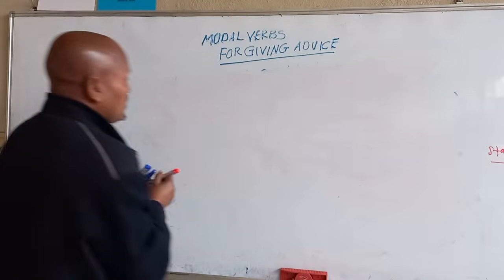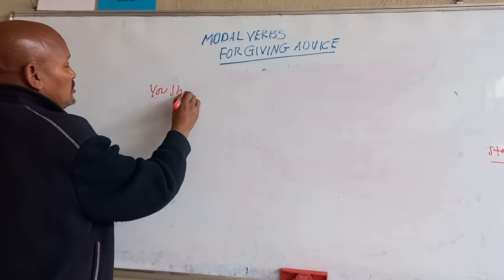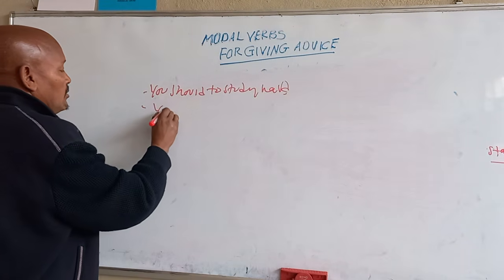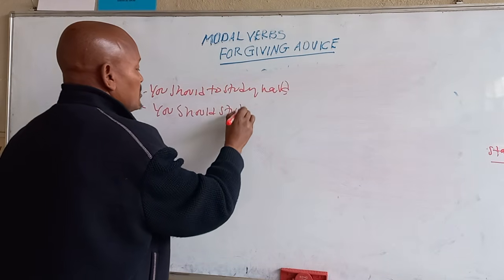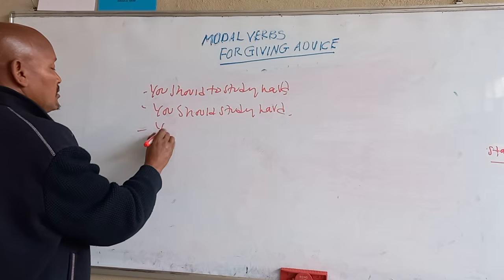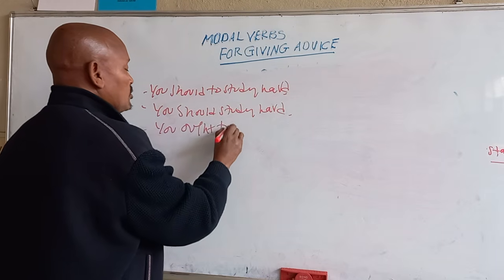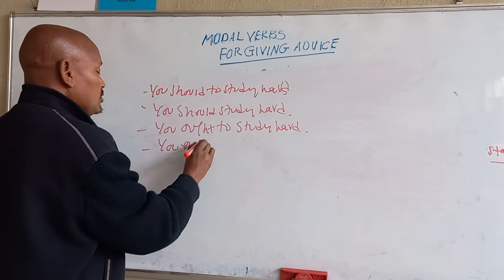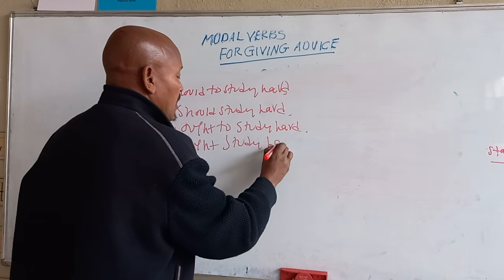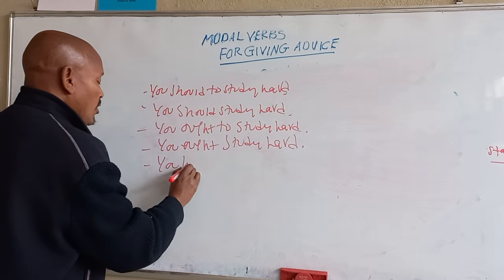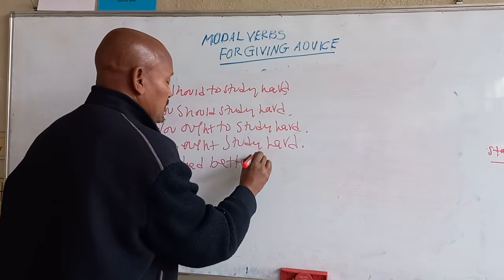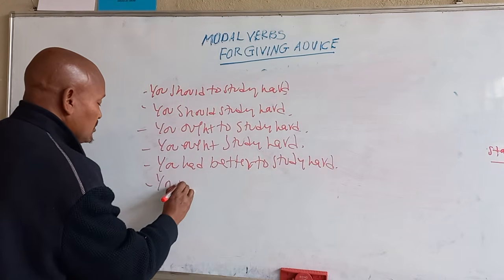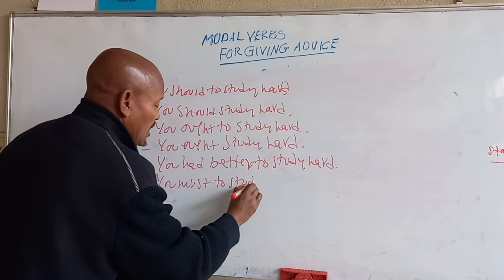Which one do you think is the correct structure? You should to study hard, or second example, you should study hard, and the other, you ought to study hard, and here you ought study hard, and the other, or here you had better to study hard, and then you must to study hard.